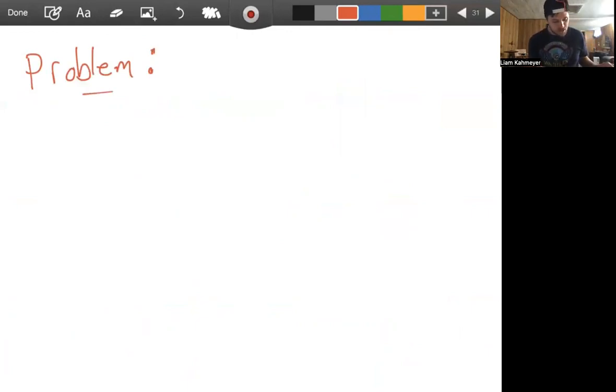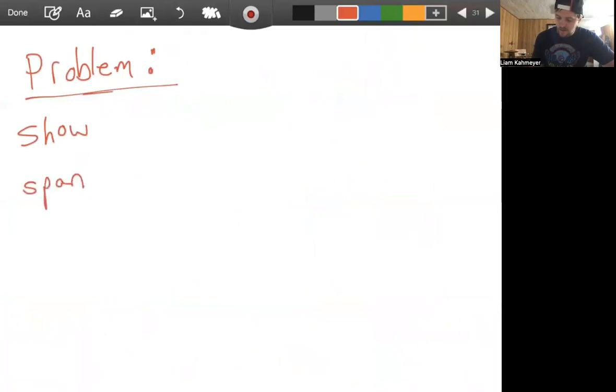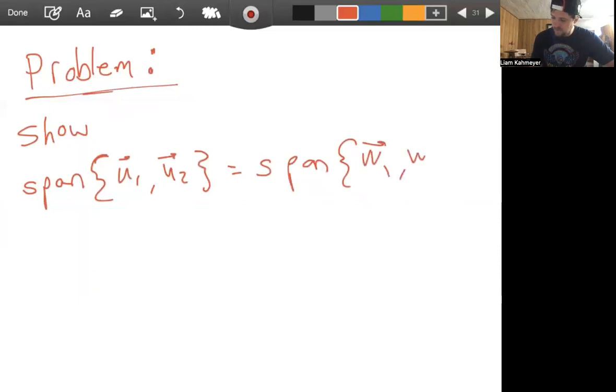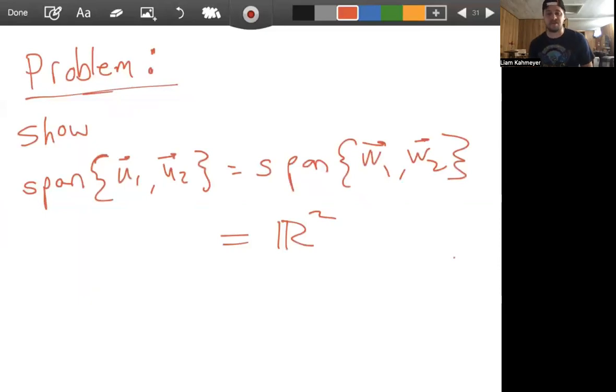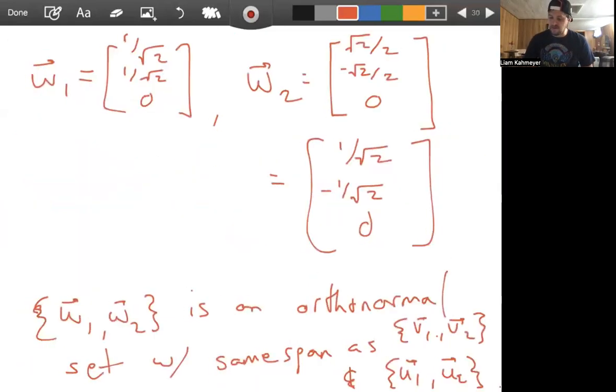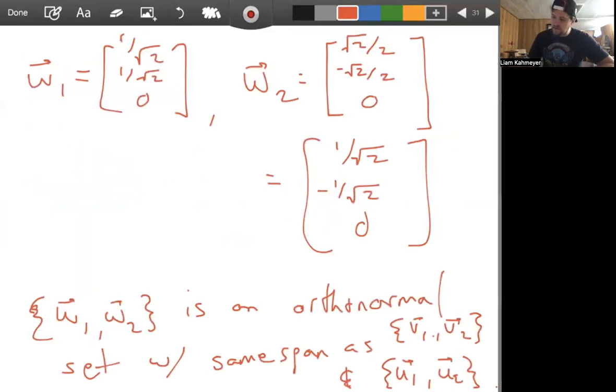I want you to show that the span of U1, U2 equals the span of W1, W2, which is R2. So I claim that the span, or the subspace generated from the vectors W1, W2, is the XY plane. That's my claim, and I want you to prove it. I'll give you a hint.